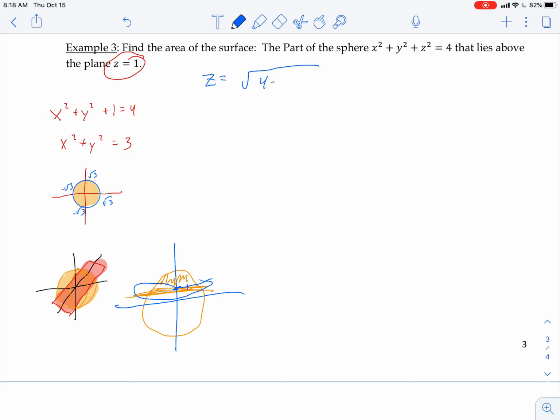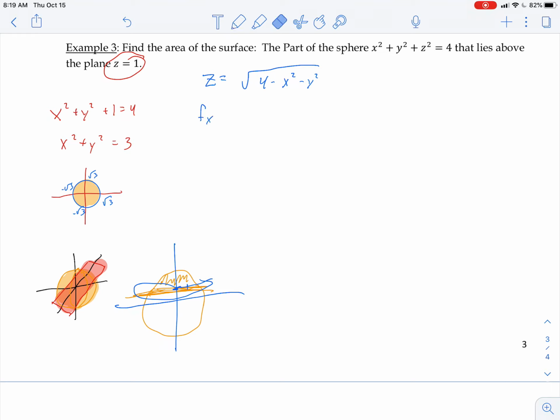I'm just going to get the square root of 4 minus x squared minus y squared. Usually you do plus or minus, but we're only doing the part above 1. So this is the positive part of z. Anything below the xy plane is going to be negative. Since we're only doing the positive, it's going to be z equals the square root of 4 minus x squared minus y squared.